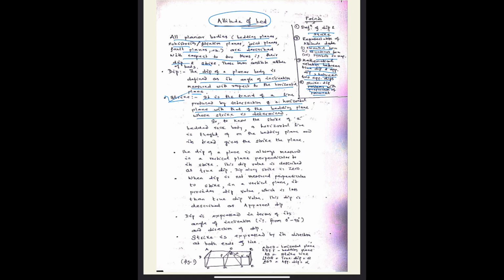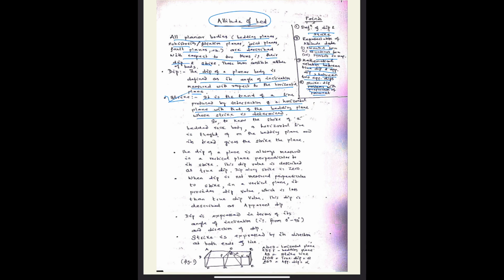So strike is described with respect to its direction at both ends. And we do not have any strike in case of a horizontal bed, because the horizontal bed touches the horizontal plane at all points. So we cannot get a line. That's why we describe the strike of the beds which are inclined or which are vertical.